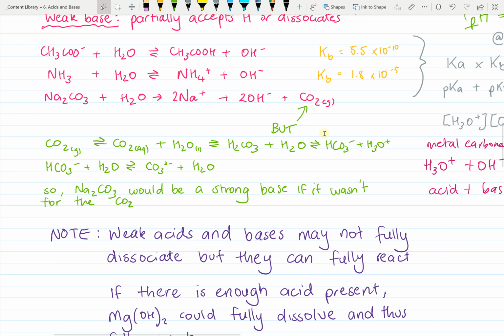More carbonic acid means more acid. If you have more H3O plus, which I've just realized this one should say H3O plus, so I'll quickly change it. Then if there's more of this guy, you'll get more of a reaction going back there, and you get the carbonate ion to go down.